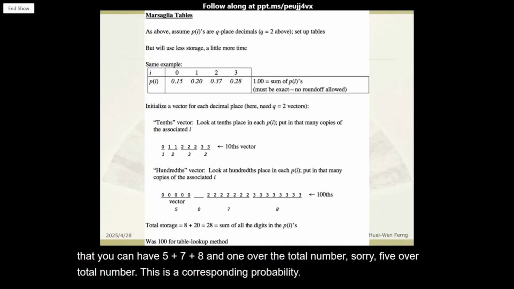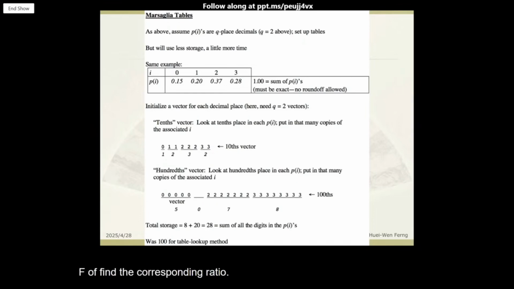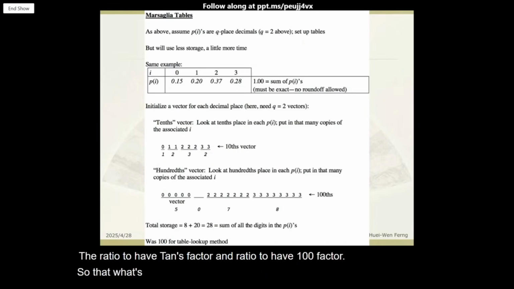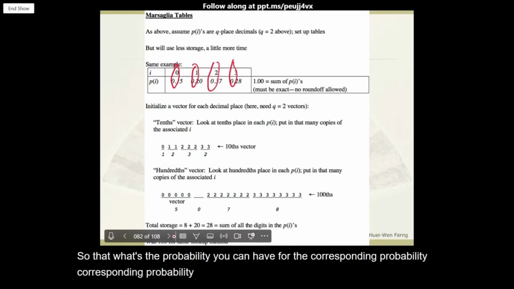Also, we find the ratio for the tens factor and the ratio for the hundreds factor, so what's the probability? You can have the corresponding probability for each.